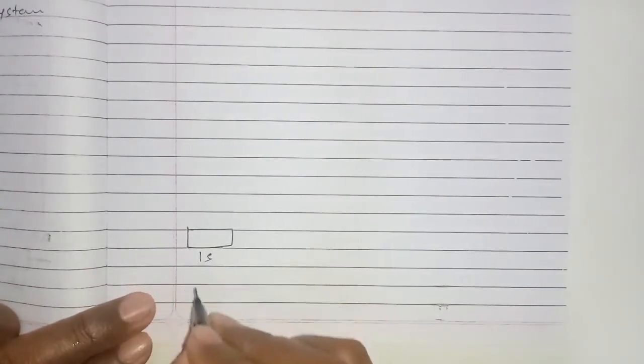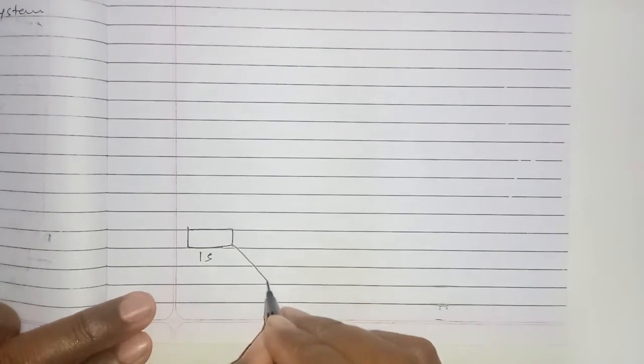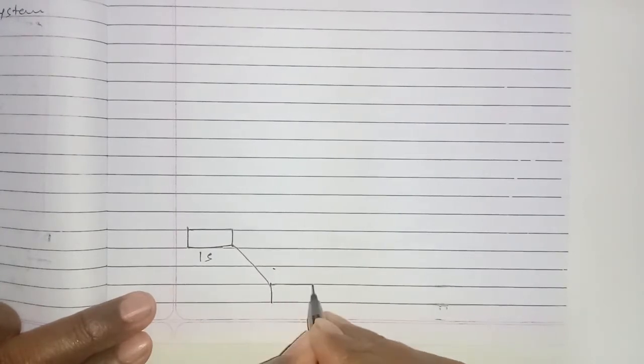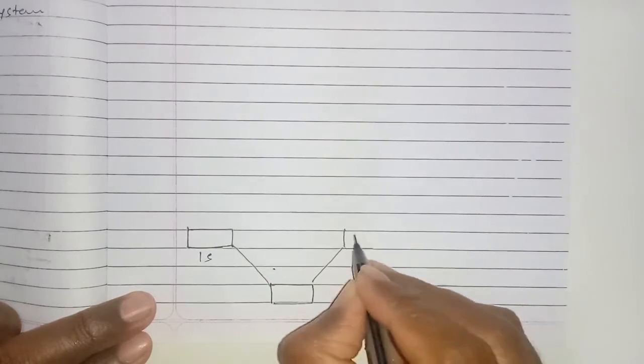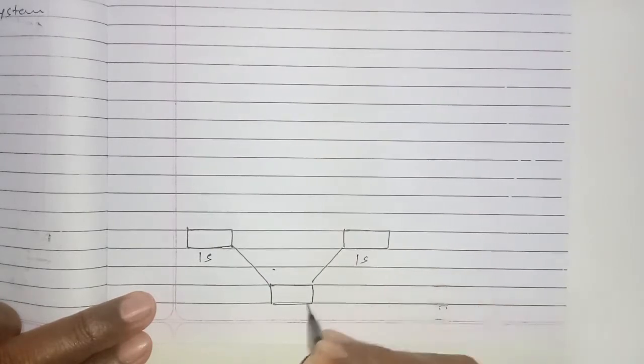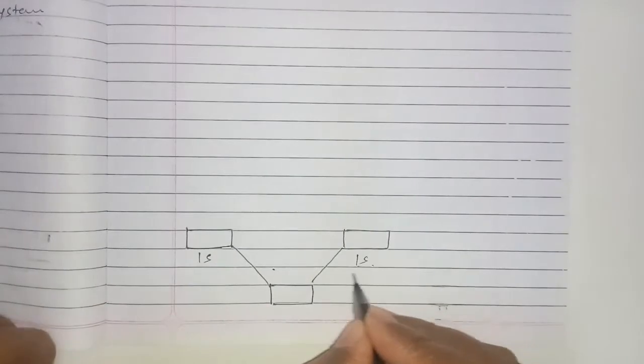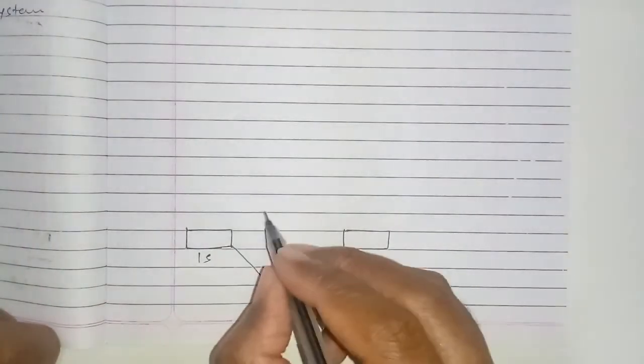Here is the atomic orbital for 1s. This is the 1s atomic orbital for the other atom.